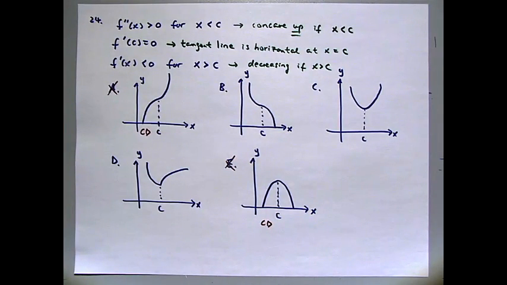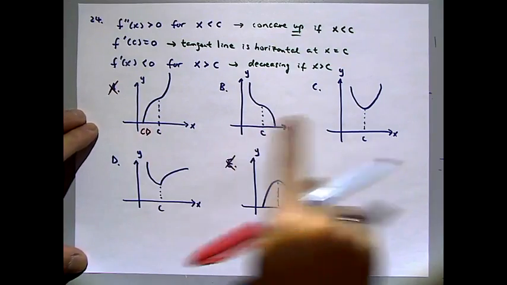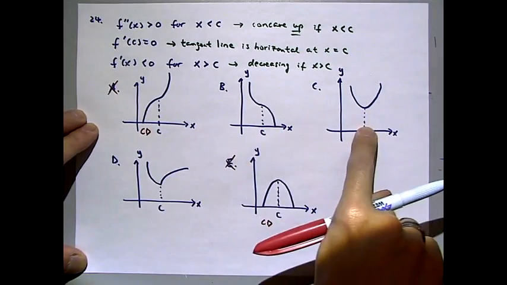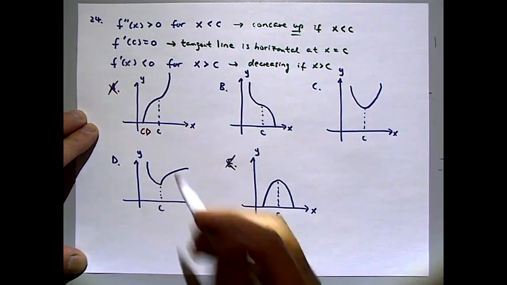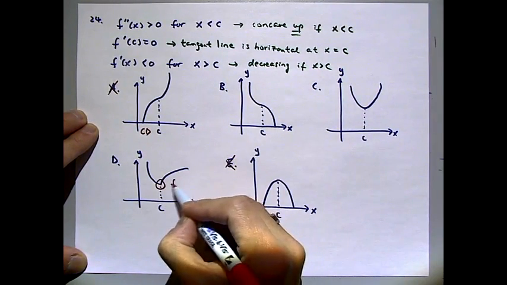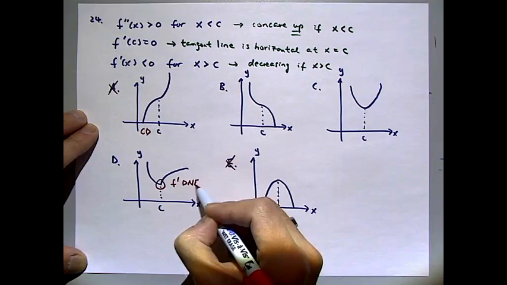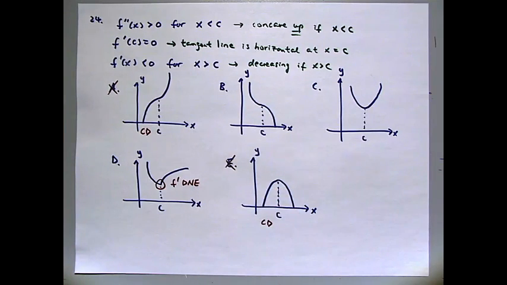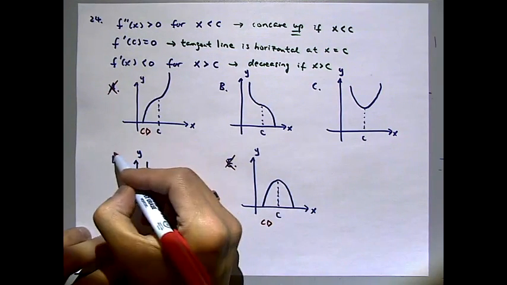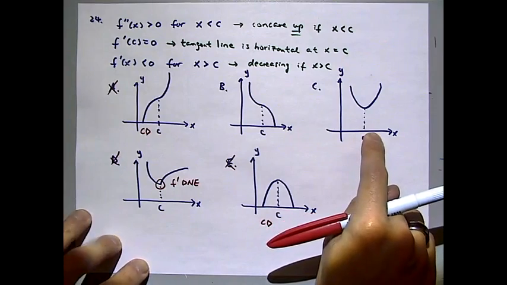Tangent line wanted to be horizontal. We have possibly, possibly, yes, yes, possible, no. This is not differentiable. f prime does not exist. It's not differentiable when there's a corner or a cusp like we got here. So now we're down to B and C.